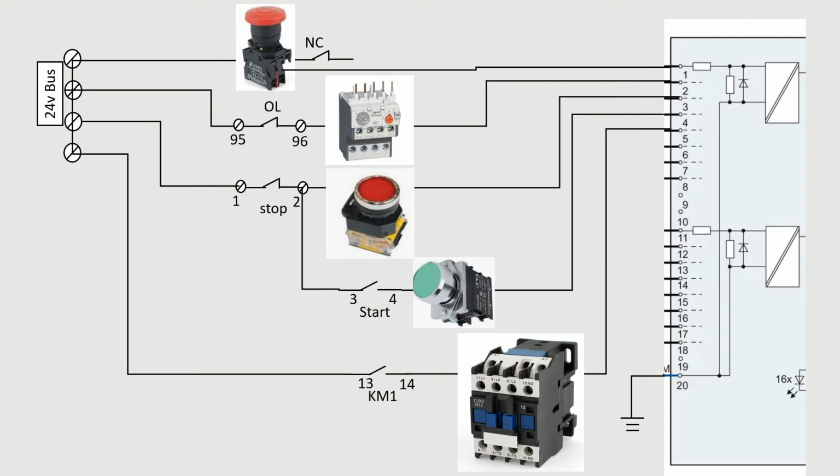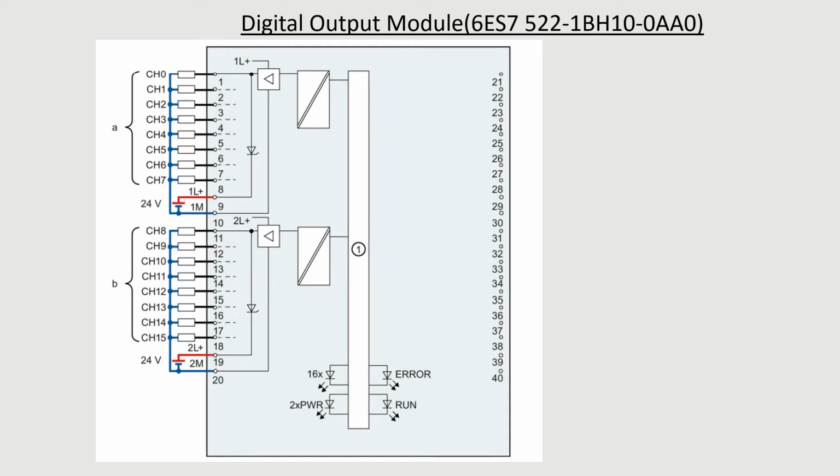Okay, and at terminal 5, that is I0.4, we will take the electrical feedback from this contactor, at contactor terminals 13 and 14. So from 24 volt we give a connection to terminal 13, and 14 will go to terminal 5. Okay, let's see the output module.